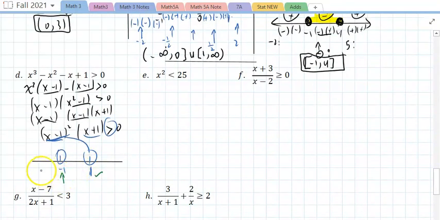A point to the left of negative 1, say negative 2. I don't worry about that because positive in multiplication doesn't change anything. Negative 2 plus 1 is negative. To the right, say 0. 0 plus 1 is positive. Automatically, that's the same. And if you're not sure, just test it in the other one. It doesn't matter. I want to know, where is this bigger than 0? Where is it positive? It's positive.